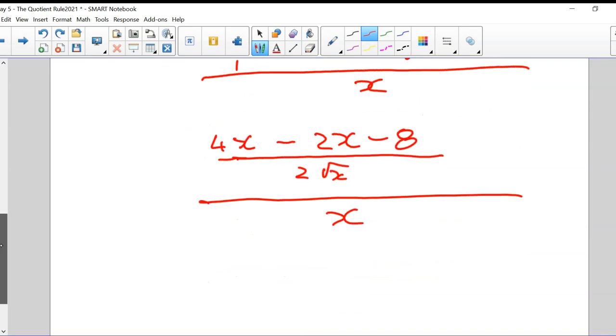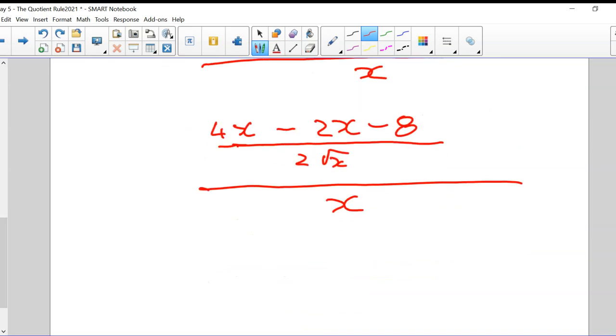So of course, I can first of all simplify the top of this to give me 2x minus 8 over 2 root x. I'm going to multiply that by 1 over root x. We've done something like this before, where we said that dividing by this means multiplying by the reciprocal.